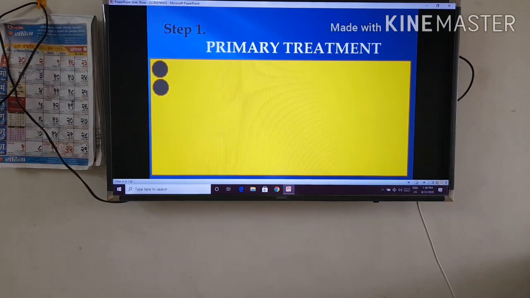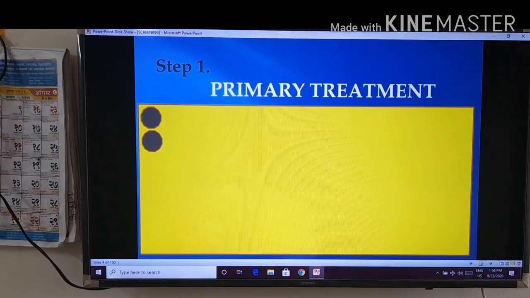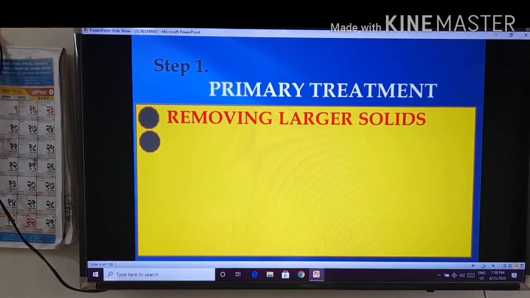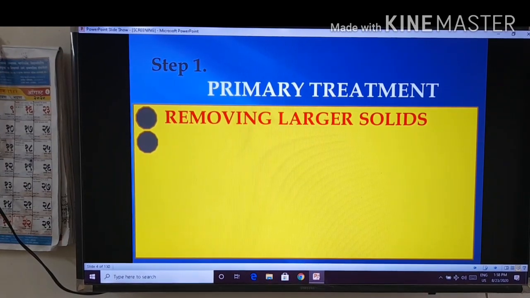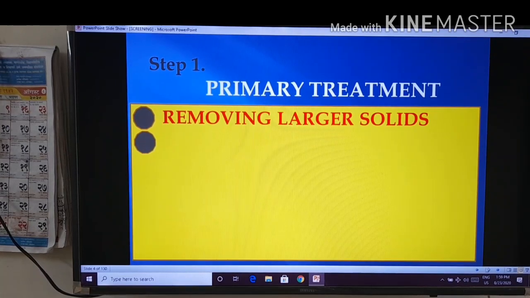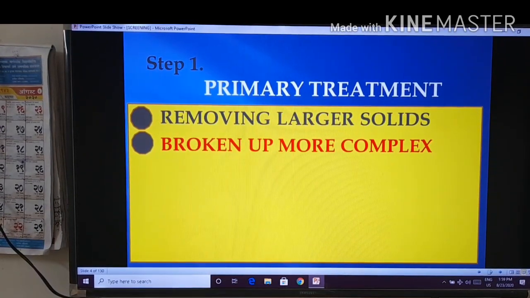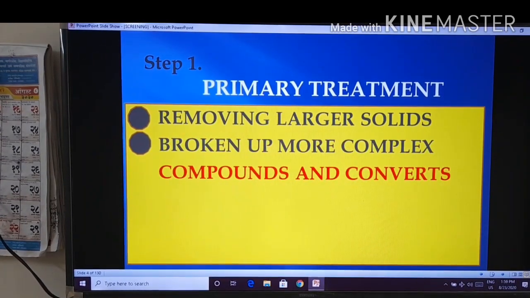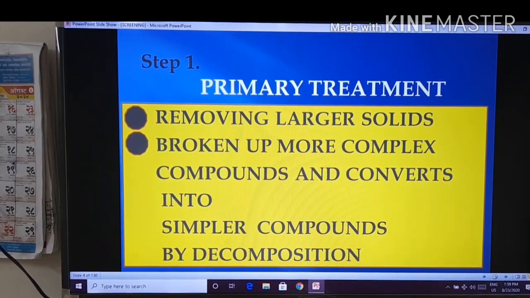Now, first look at step 1, that is primary treatment. In primary treatment, we are first removing the larger solids. Second, breaking up more complex compounds and converting them into simpler compounds by decomposition.